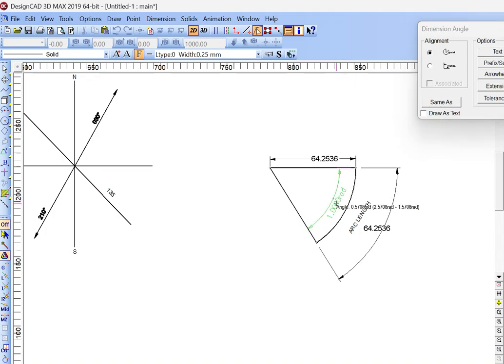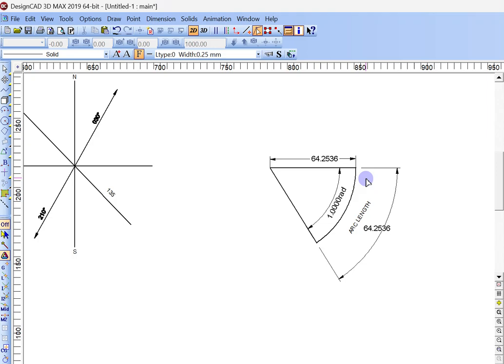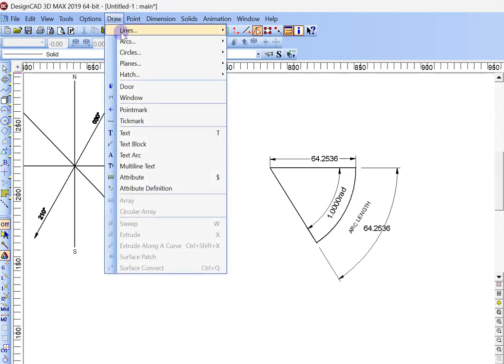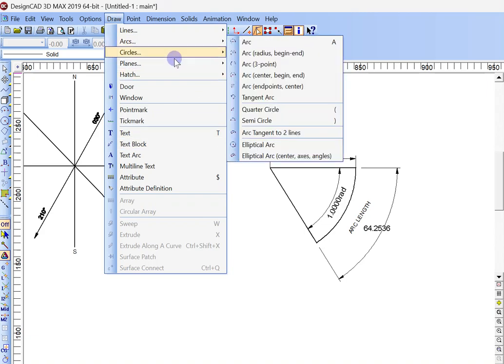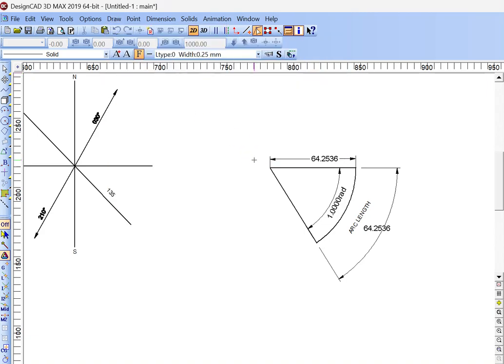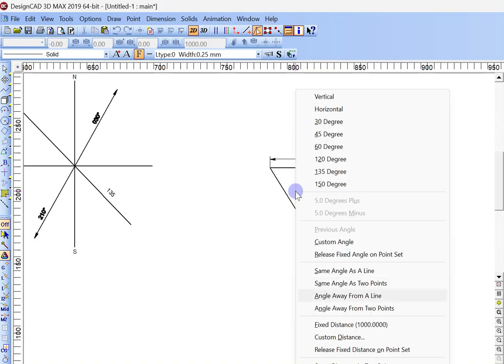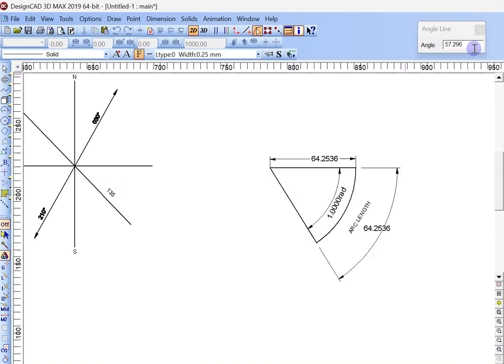And then the way you would calculate that is draw line. V, draw line. J, away, enter. And then to get that number right there, you go 180 divided by 3.14159.